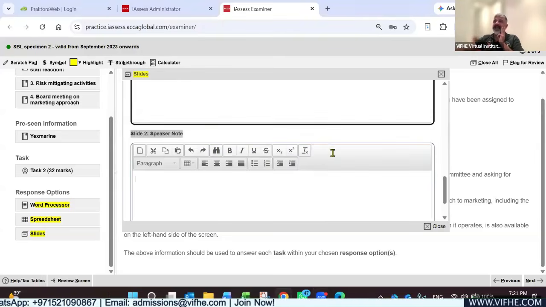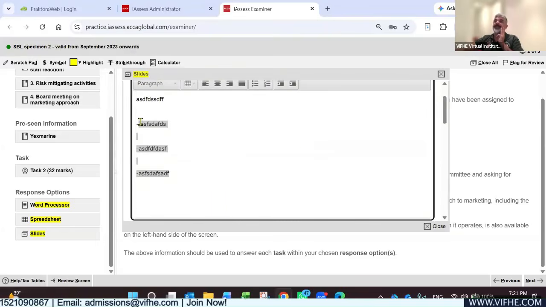Now, somebody is asking how many bullets per slide? Is it 3 bullets per slide? Should it be 2 bullets? Should it be 5 bullets? What is the optimum number of bullets per slide? A very basic question, guys. It depends on the marks.